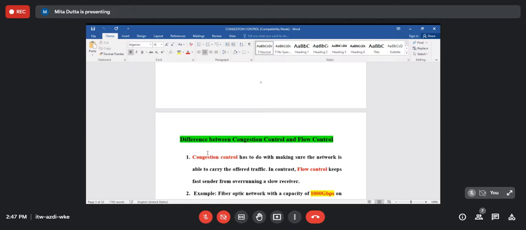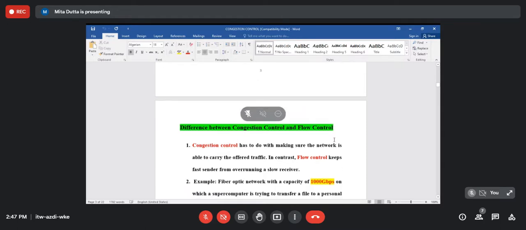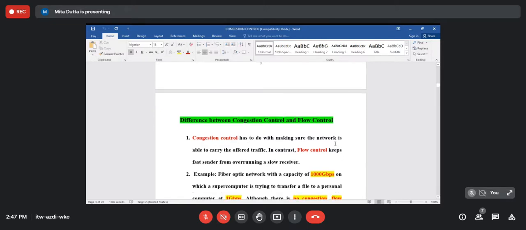We have seen this when we studied flow control, isn't it? Now we are going to find out the difference between congestion control and flow control.